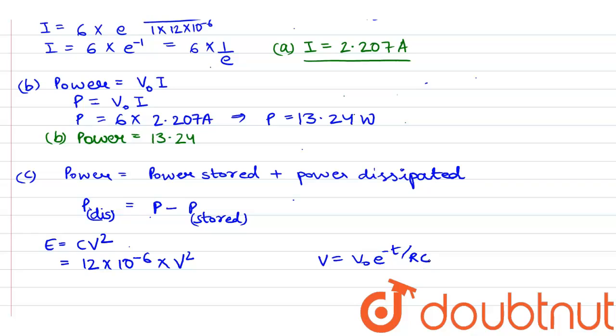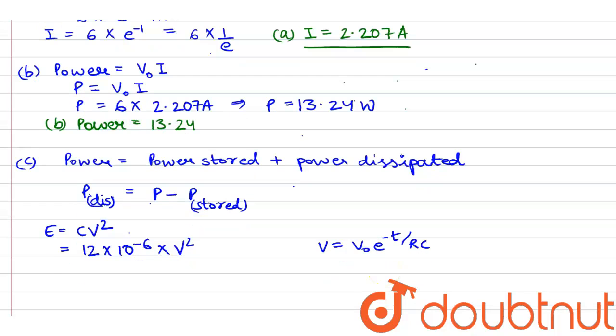We have the value of V naught. So we'll put in the value of V naught, and in this form we'll put in the value of V. So it is going to be 12 into 10 raised to power minus 6 into V naught square, which is 6 square into square of e raised to power minus 1, like we calculated in the first part. So the total value that we are going to get from this is going to be the energy stored.